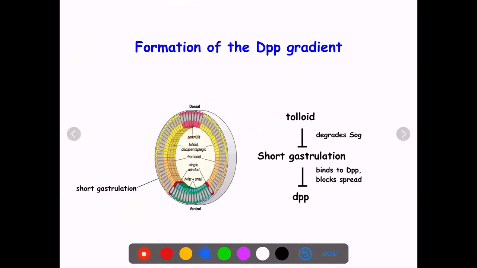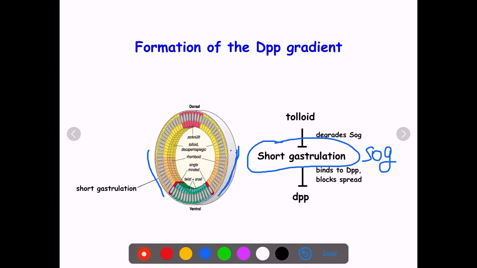So that's why this SOG, short of gastrulation, I think that is the SOG, okay? And its function is really important. SOG is expressed laterally over here. So it's very high, somewhere here, okay?